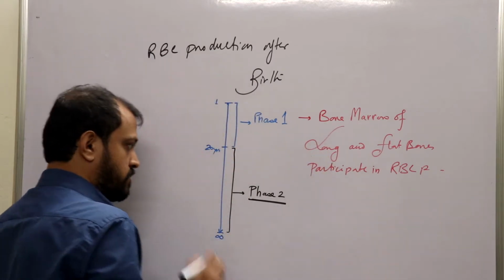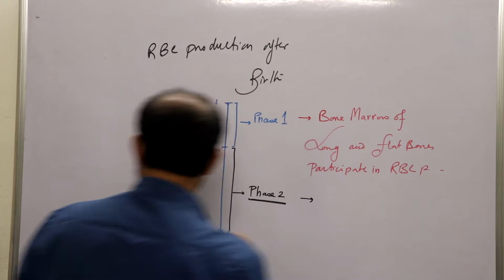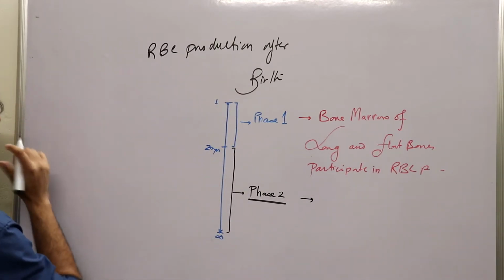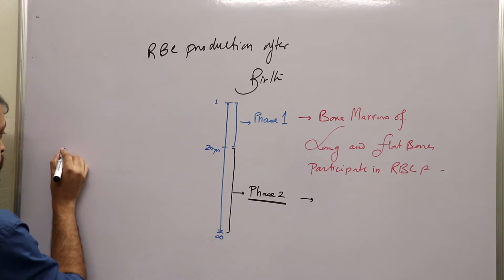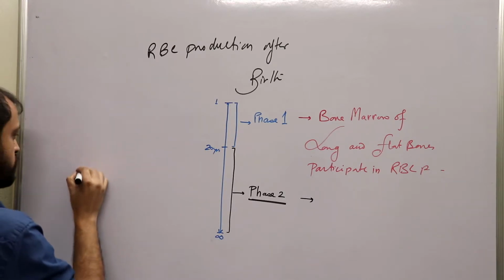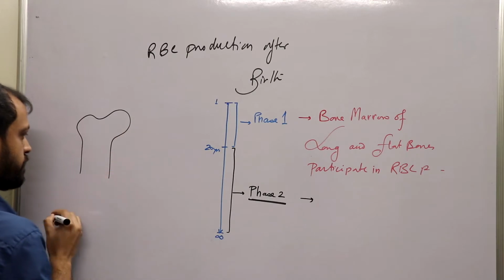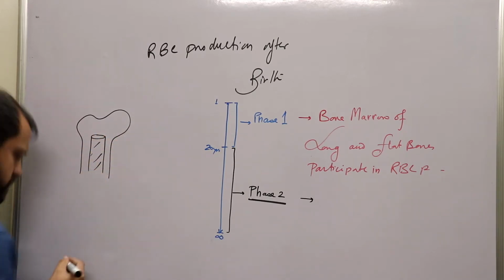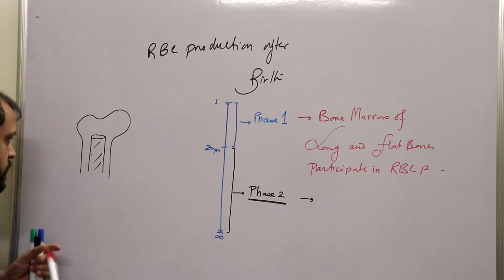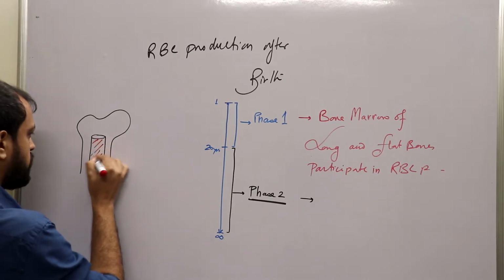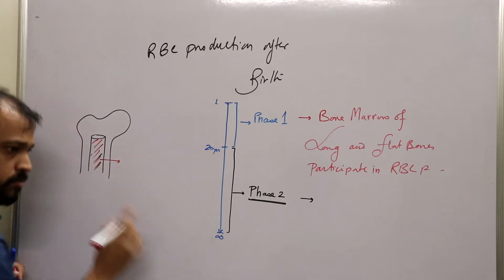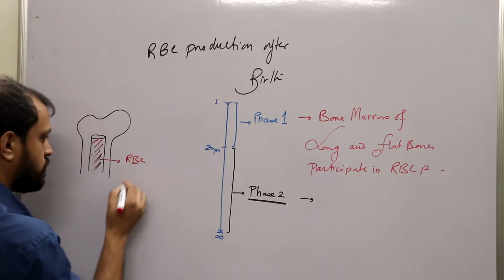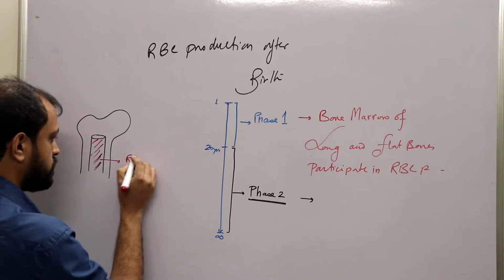Now why is this happening? Because during this transition, long and flat, suppose this is a bone, and there is bone marrow. Now listen, when you are young, all the bone marrow in your body is red bone marrow.